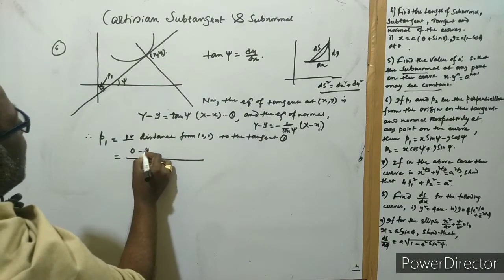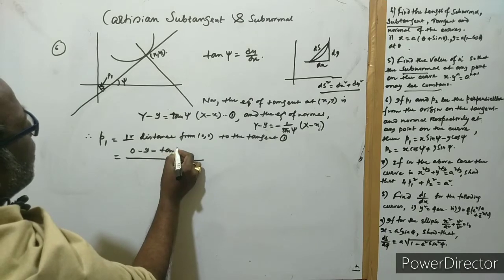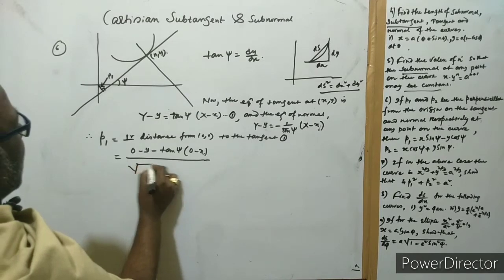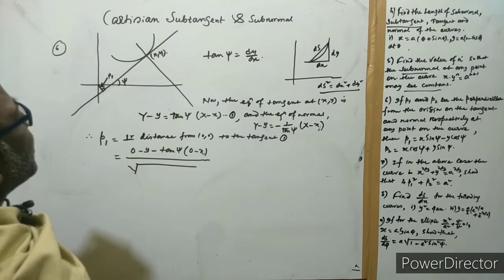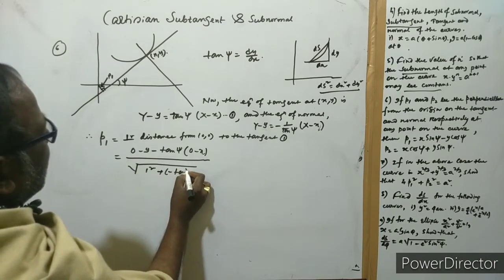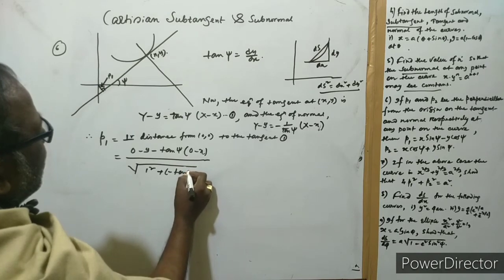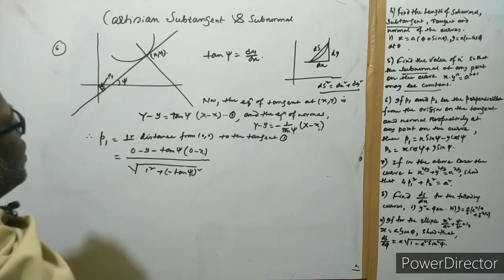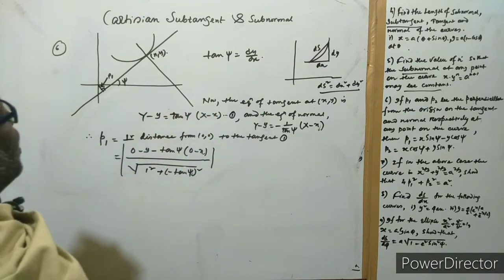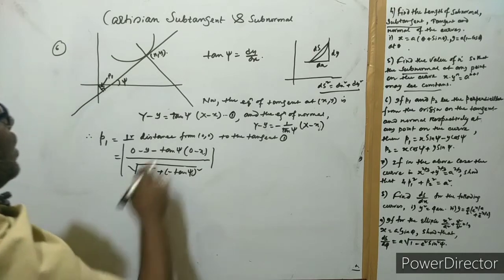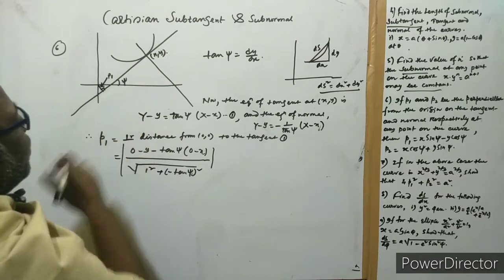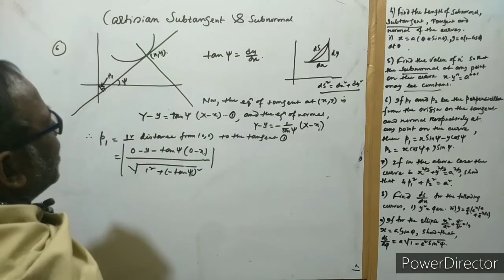0 minus y minus tan psi into 0 minus x by root over of 1 square plus minus tan psi square. See the calculation. You have to take this term to the left hand side, and the coefficient of y is a 1 and the coefficient of x is a minus tan psi.